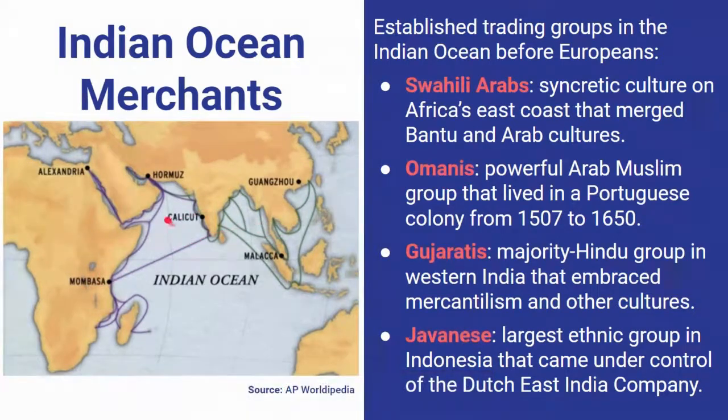You should know about the Omanis, which are at the southern and eastern side of the Arabian Peninsula. You should know about the Gujaratis, which are in western India. Did I say India? I meant Arabia there. I just thought I might have said India. But anyway, so the Omanis are in the Arabian Peninsula on the southern and eastern side. The Gujaratis are on the western side of India.